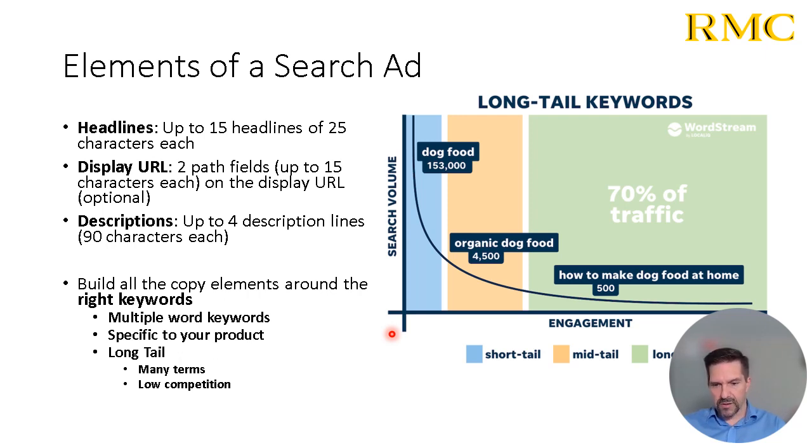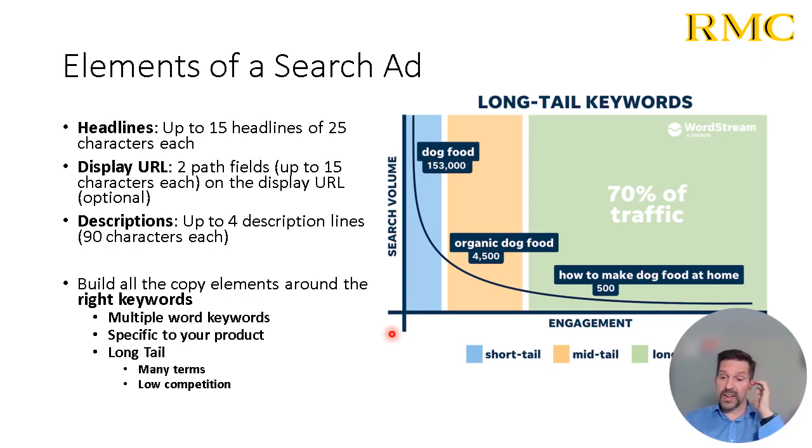So if you're looking for dog food, like you have here in this case, the keyword dog food, because a lot of people are going to input it in Google, is a keyword where a lot of people are going to compete, because it has a lot of searches, but it's not very specific. What kind of dog food are you interested in? So even though it has a huge search volume, it's not very actionable from a marketing perspective.